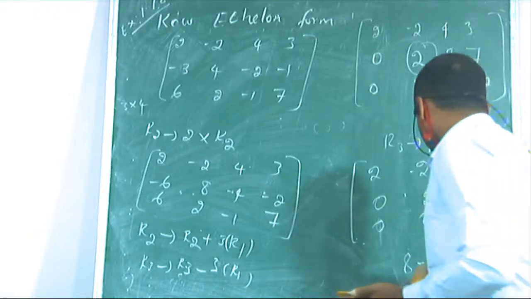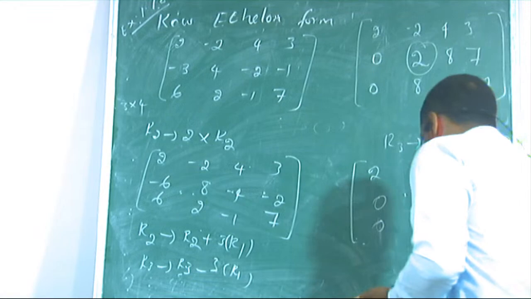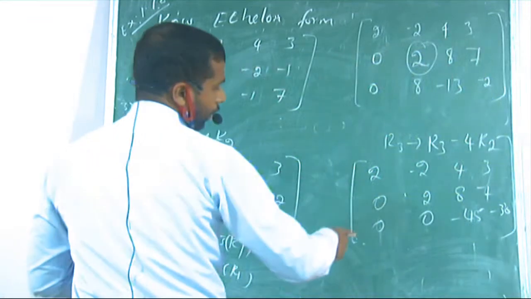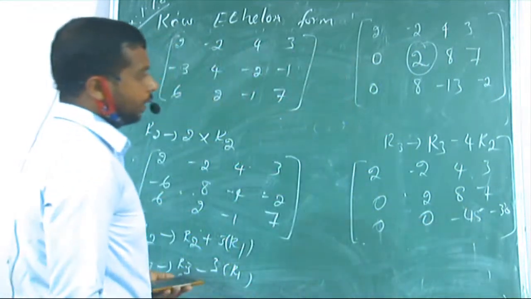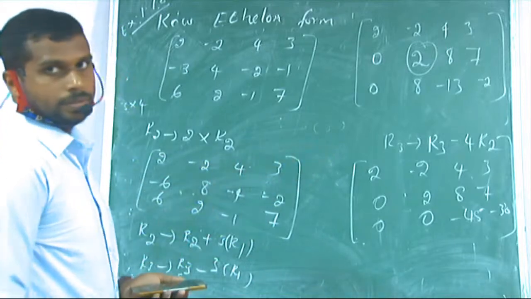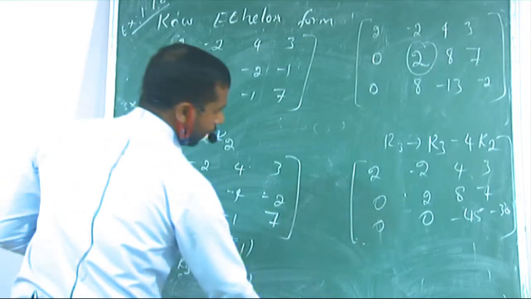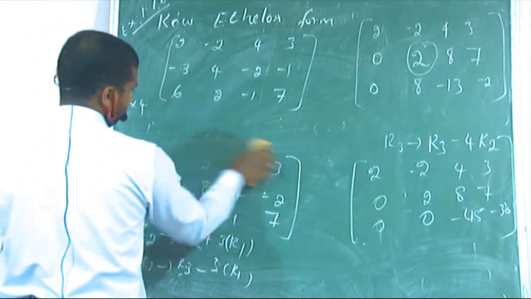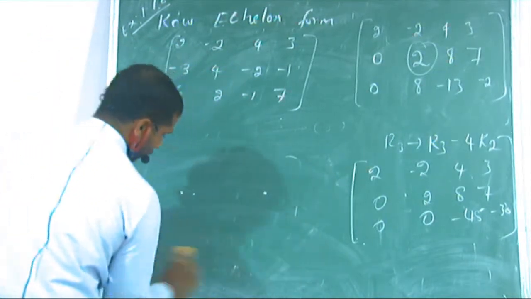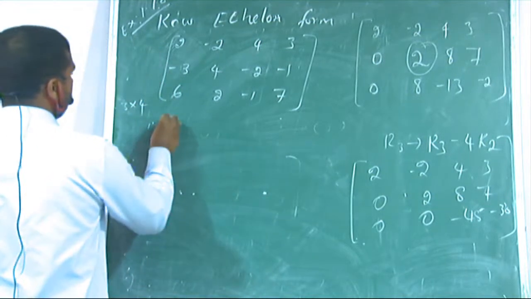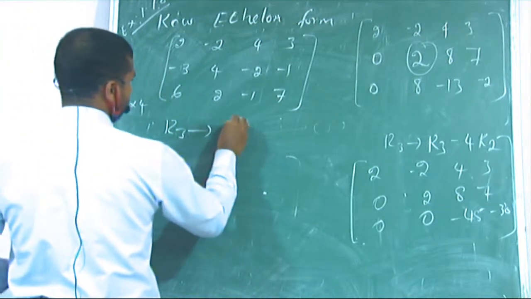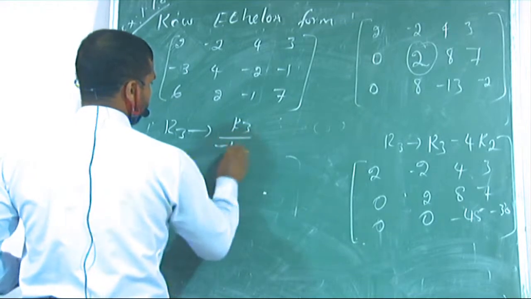Okay. Therefore, we have the final answer, but if you need any small number, minus 45 and minus 30 divided by 15 means it will come as the small number. What you have to do? R3 divided by minus 15. The last step. R3 divided by minus 15.